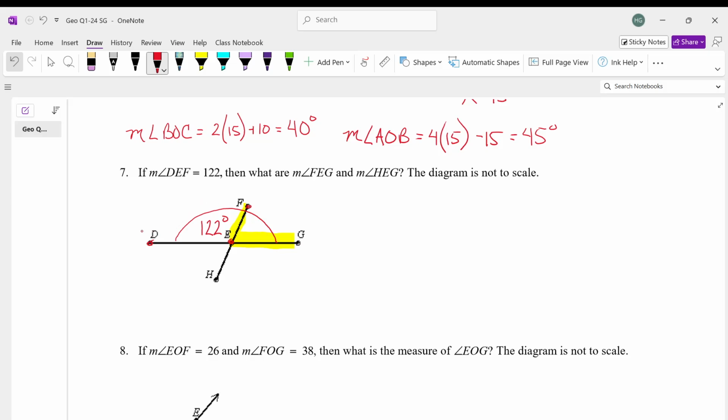What's the angle measure of a straight line? 180. So wouldn't the measure of angle FEG be equal to 180 minus 122? That's 58 degrees. So this yellow angle is 58 degrees.